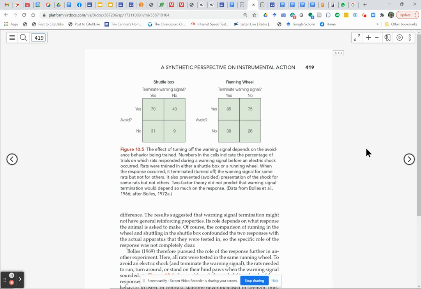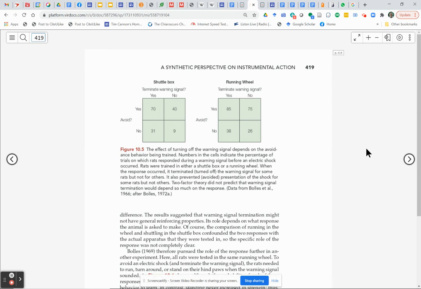And there's some beautiful Bolles data from right around when I went to graduate school. Higher numbers here are better numbers. In the shuttle box, does shuttling turn off the light or not turn off the light, and how many responses do you get?